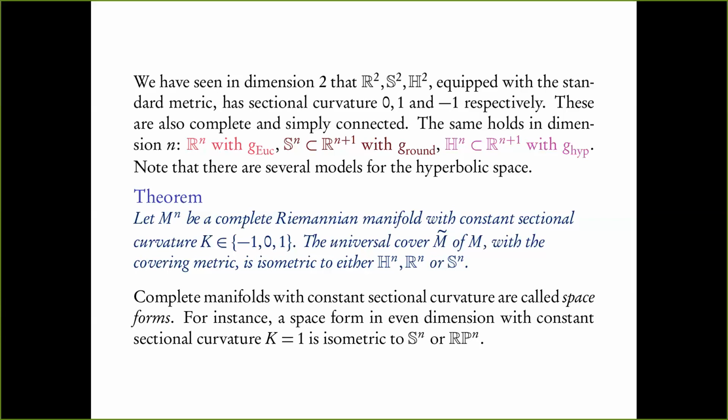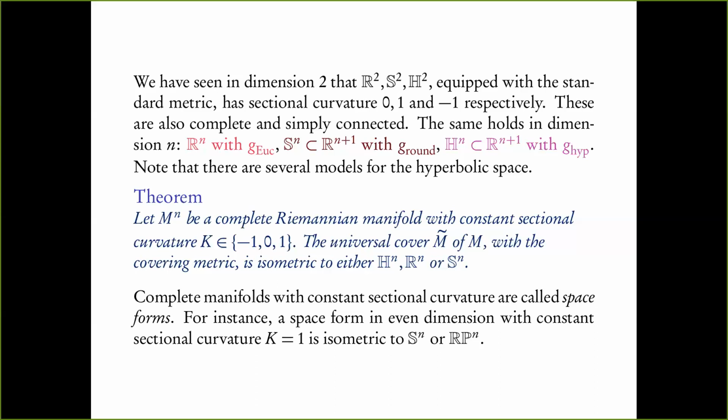In S3, of course, there are lots of different actions, but the typical space which has a pi1 and the pi1 acts on Sn is the antipodal identification on Sn, and that gives rise to RPn. And it turns out that with this constant sectional curvature assumption, it's only these two, Sn or RPn.